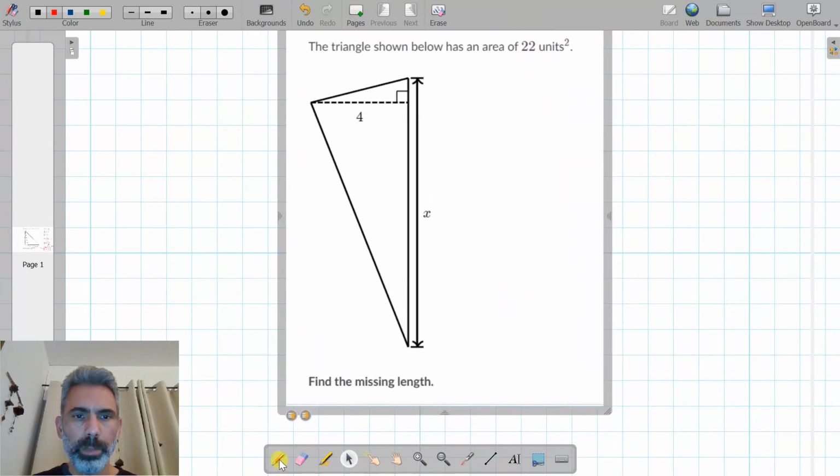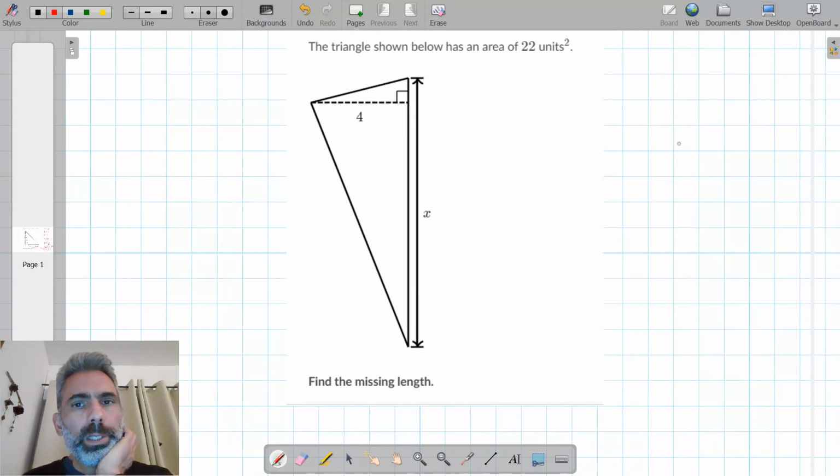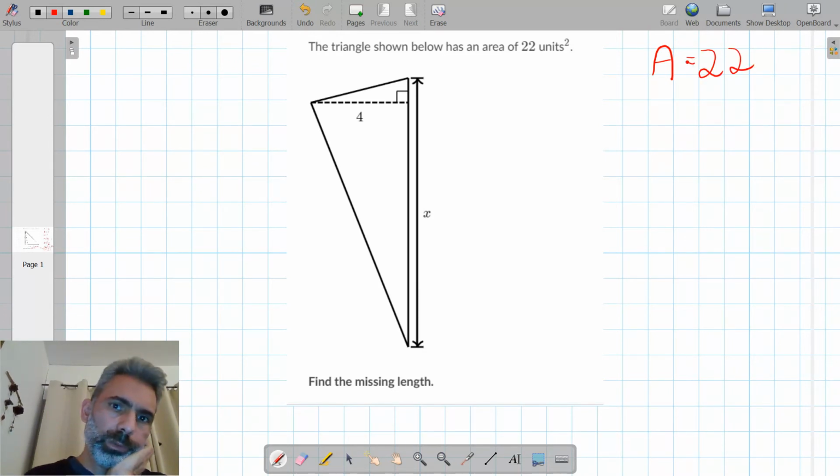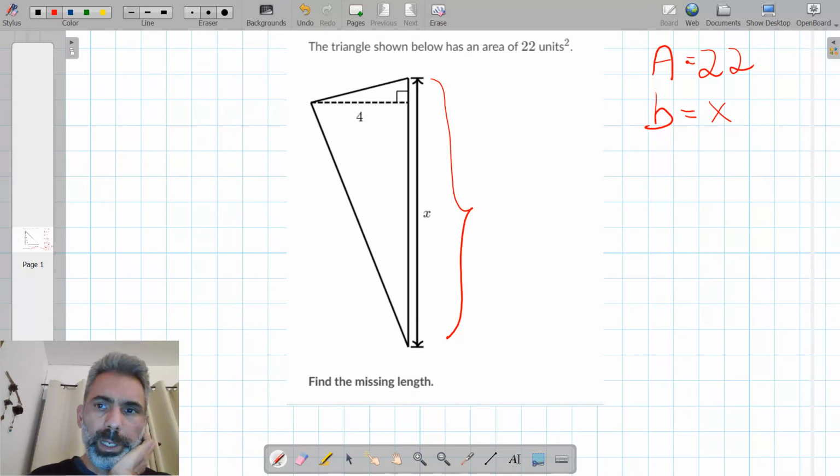Okay, the triangle below has an area of 22 units. Area equals 22 units. So the base is unknown. You see here, this is the base. We are given the height, which is the line that goes from the base perpendicular to the base in the right triangle.